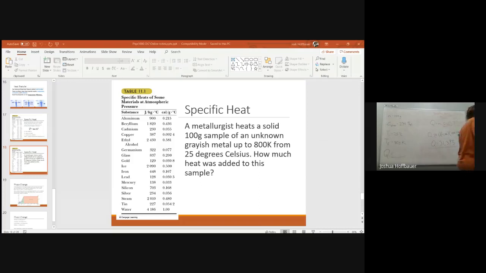Now there is a specific case I want to show you before we move on about this particular formula. I would like to remind you about the law of conservation of energy. Energy cannot be created or destroyed.